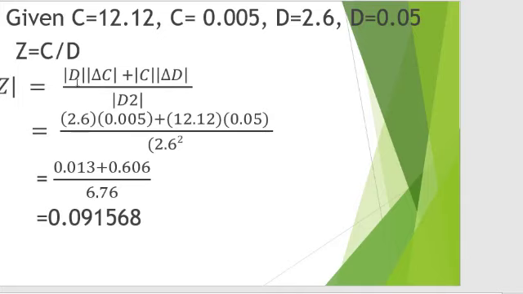Then we substitute in. Our D is 2.6, our change in C is 0.05, our C is 12.12, our change in D is 0.05, over 2.6 squared. When you put that in the calculator, the answer is 0.091568.